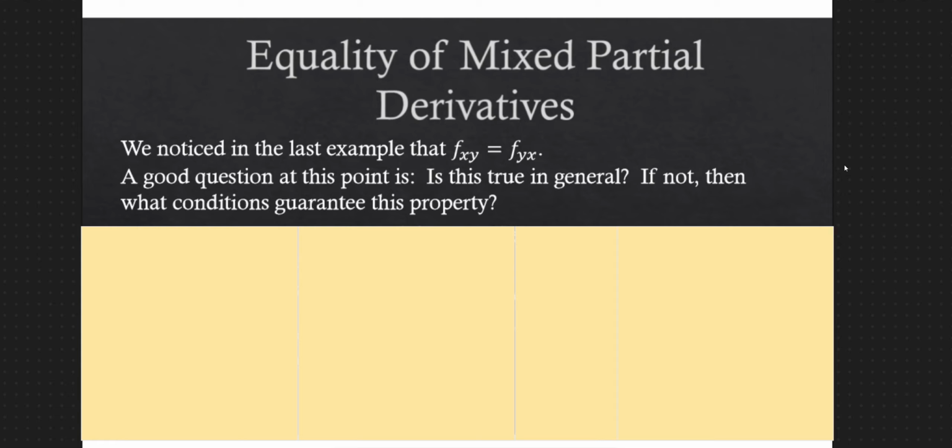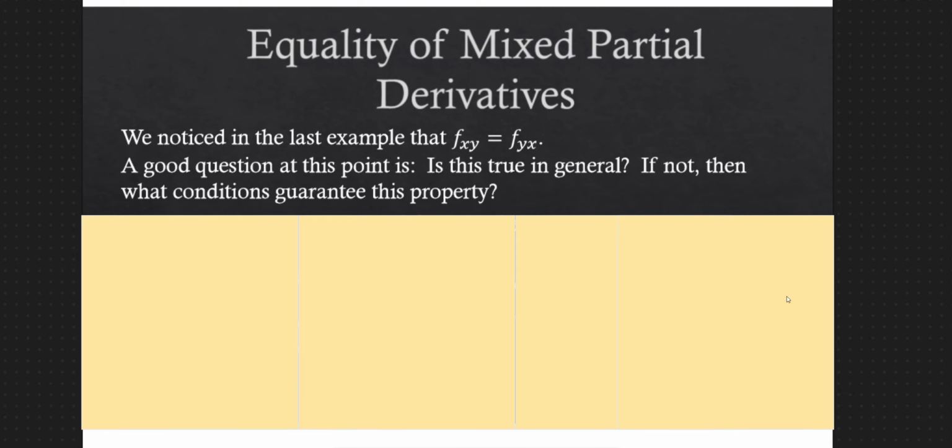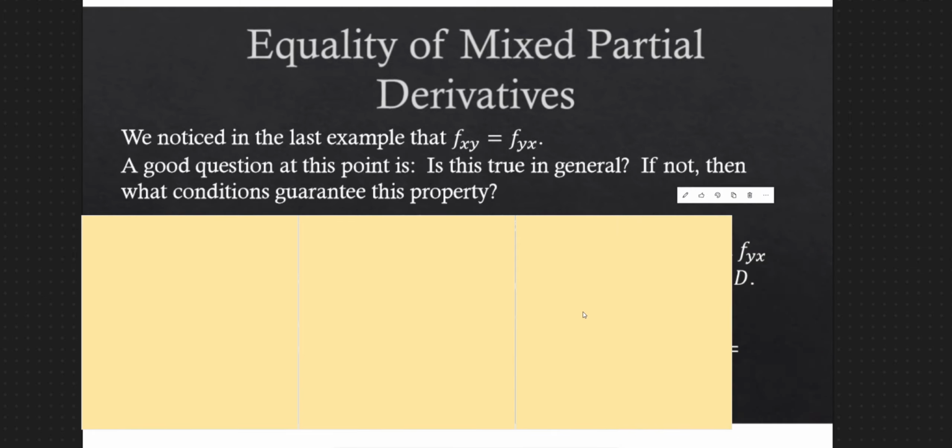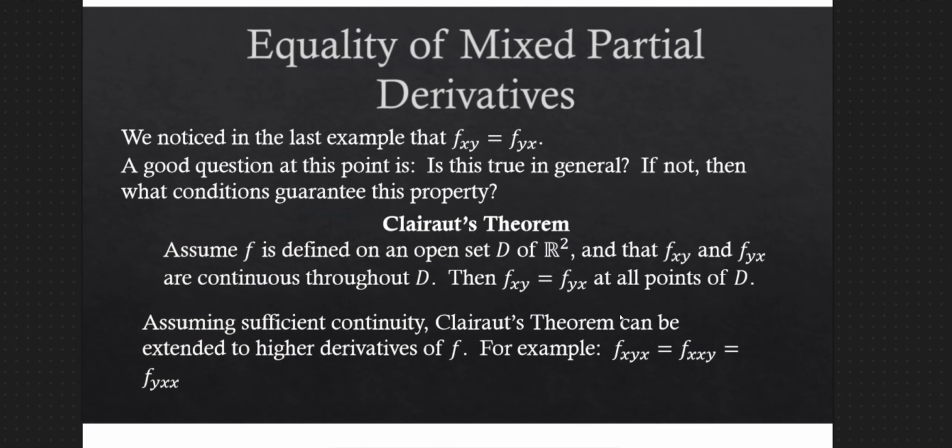So if the answer is no, then under what conditions are we guaranteed for those mixed partials to be equal to each other? Now that is the subject of Clairaut's theorem. So I'll go ahead and uncover Clairaut's theorem here. So Clairaut's theorem tells us when the mixed partials are going to be equal to each other. And the idea is this. So we have a function defined on some open set D in R2.